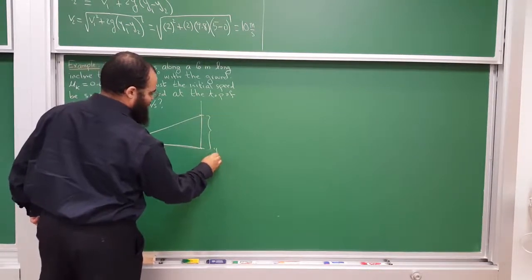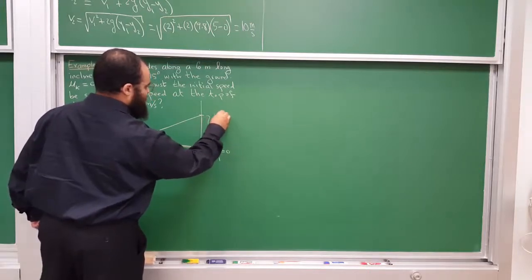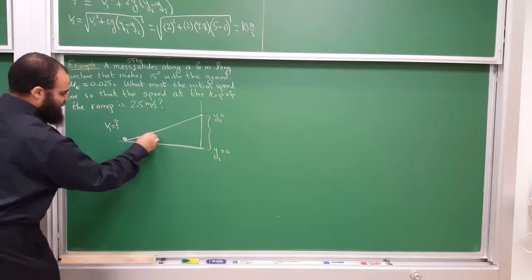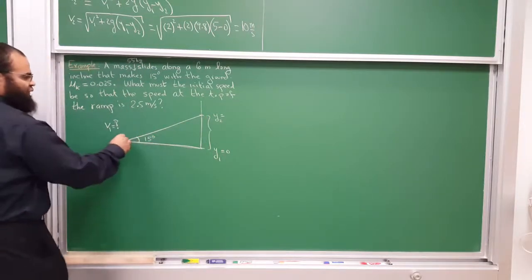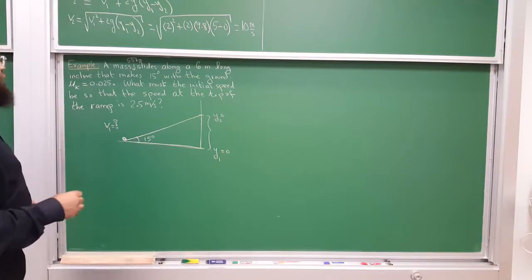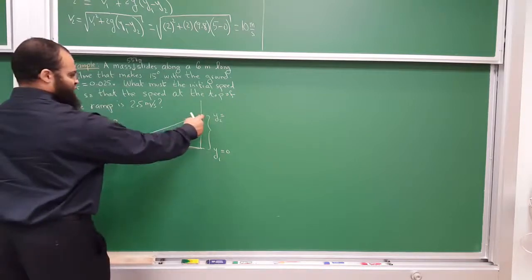This is y1 is equal to 0, and then y2, we will figure it out in a moment. This is 15 degrees, and the ramp is how many meters long? 6 meters. Yeah, the ramp is 6 meters. From here to here is 6 meters.